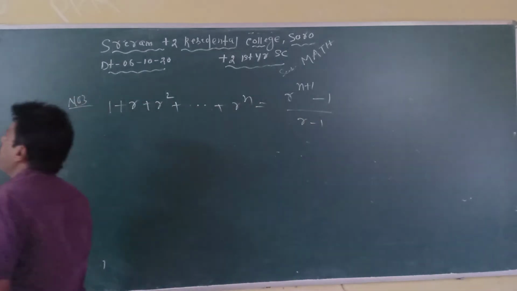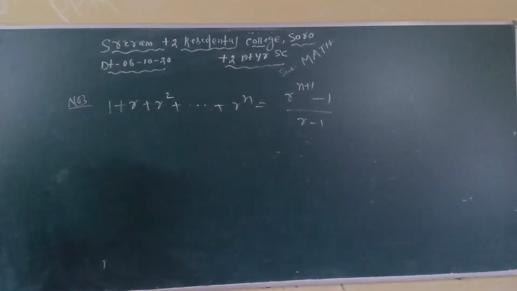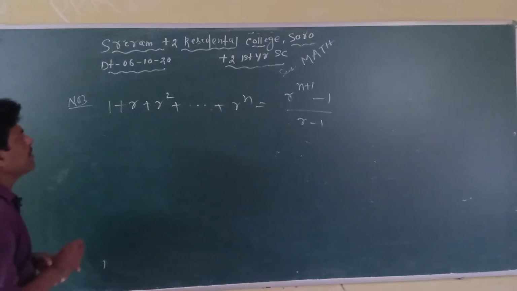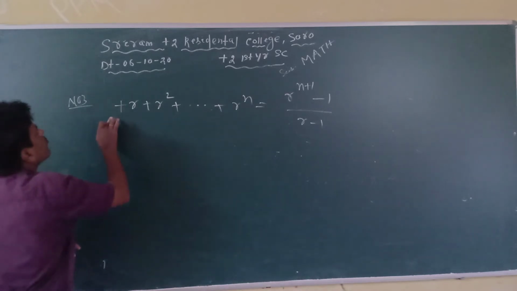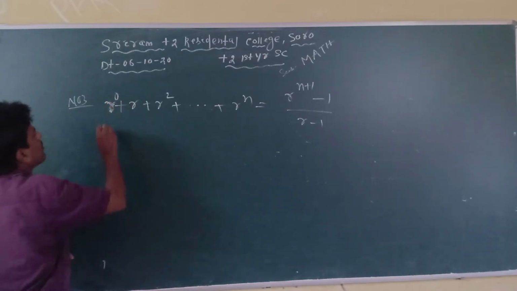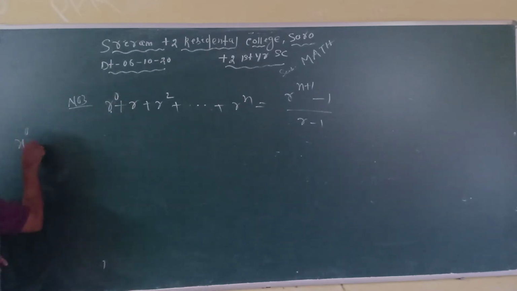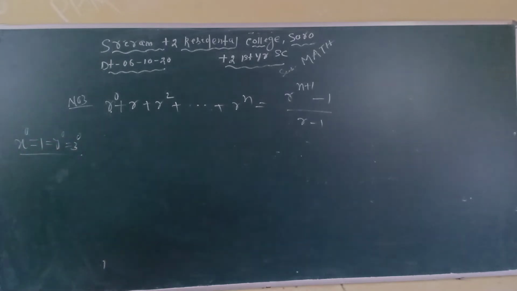Particularly in this problem, there is a better idea needed to prove it by induction method. Here 1 can be written as r to the power 0, because any variable to the power 0 is equal to 1. You know, x to the power 0 is 1, y to the power 0 is 1, 3 to the power 0 is 1. So 1 is anything to the power 0.